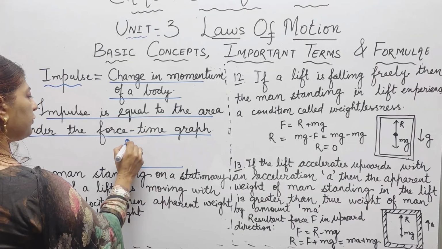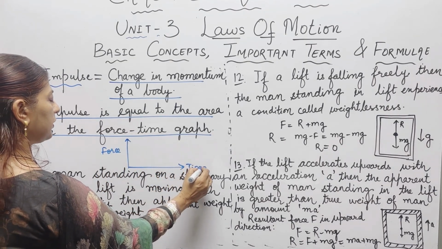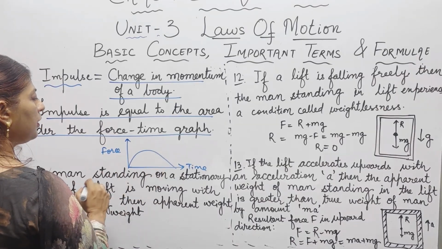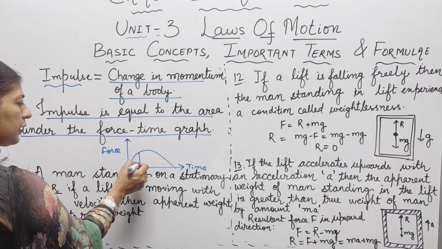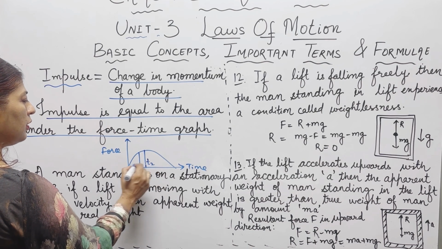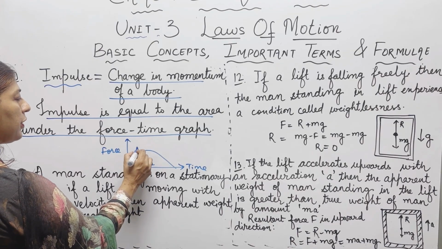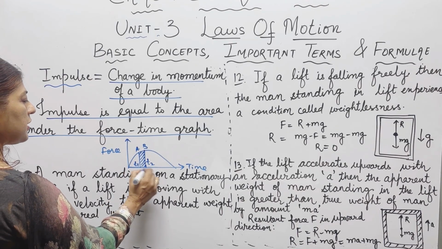In this direction we have taken the force, and in this direction time is being taken. Let this be a curve. Now in this curve we have taken, say, a strip for time t1 to t2. Now the area under this strip, let it be a, b, c, d.